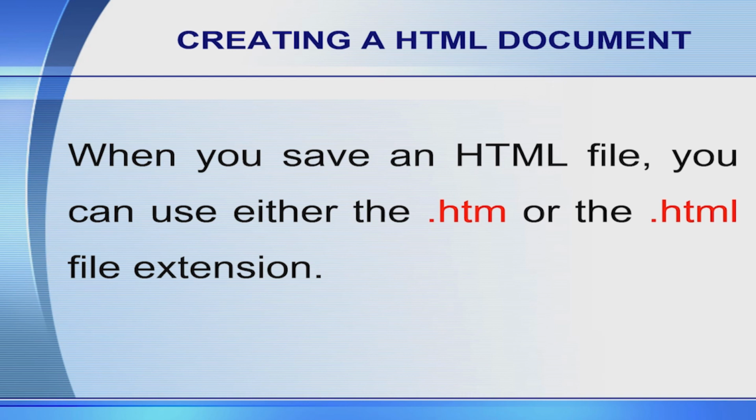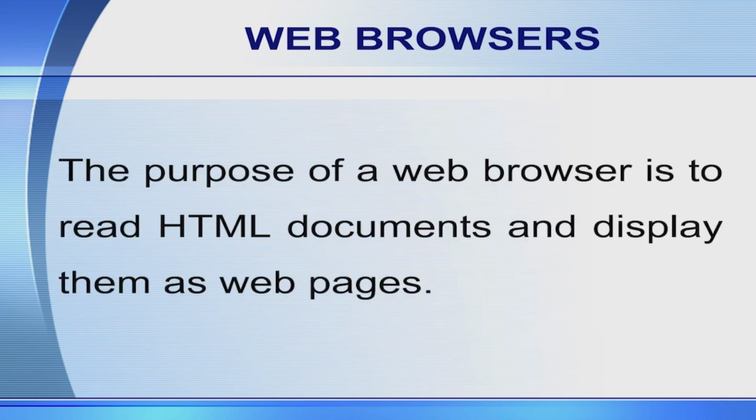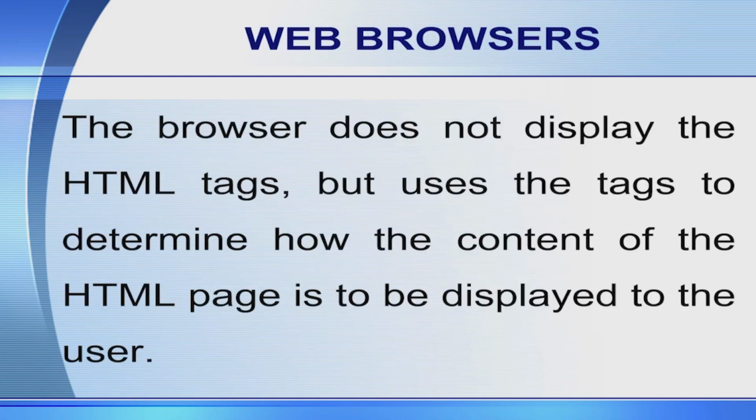After learning how to create an HTML document using Notepad, let us now learn the purpose of a web browser. The purpose of a web browser is to read HTML documents and display them as web pages. The browser does not display the HTML tags, but uses the tags to determine how the content of the HTML page is to be displayed to the user.